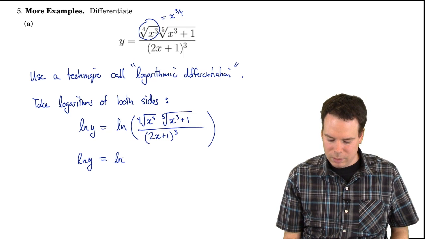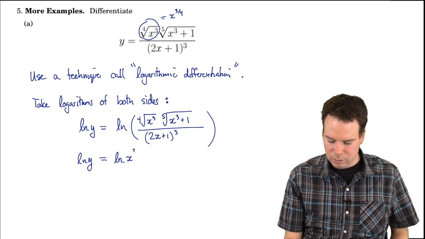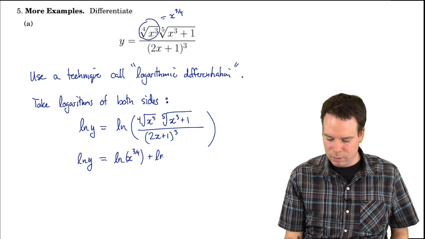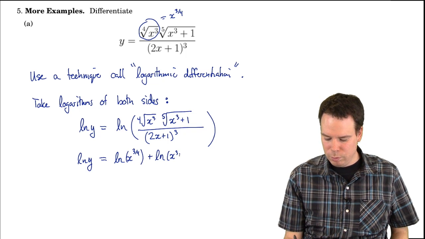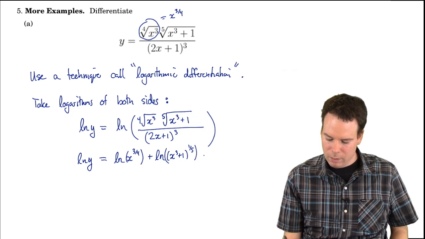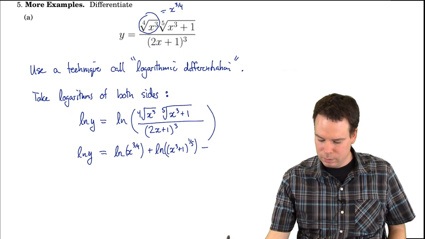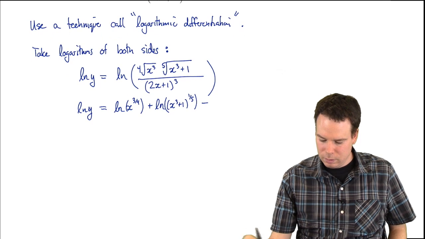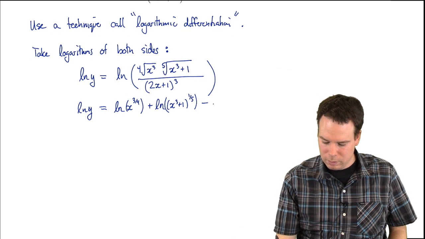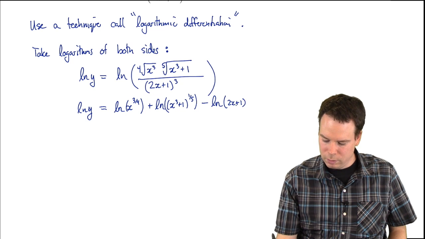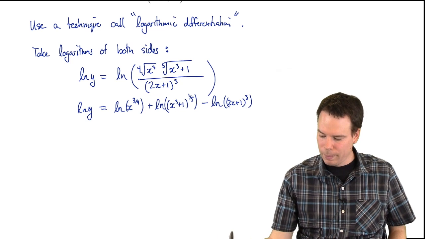And so what I can do is say, well, that's just x to the 3/4, the logarithm of it, plus the logarithm of x cubed plus 1 to the 1/5, minus the logarithm of 2x plus 1 all cubed.